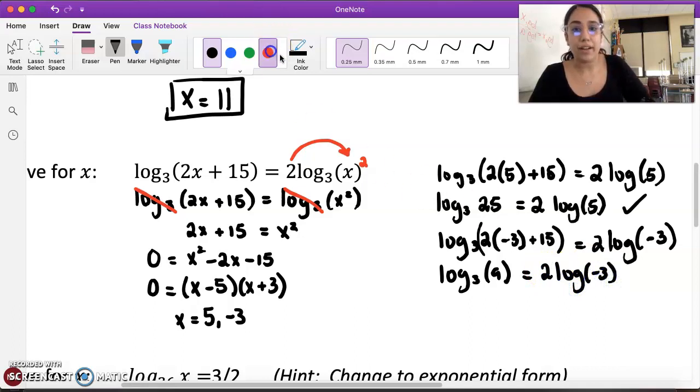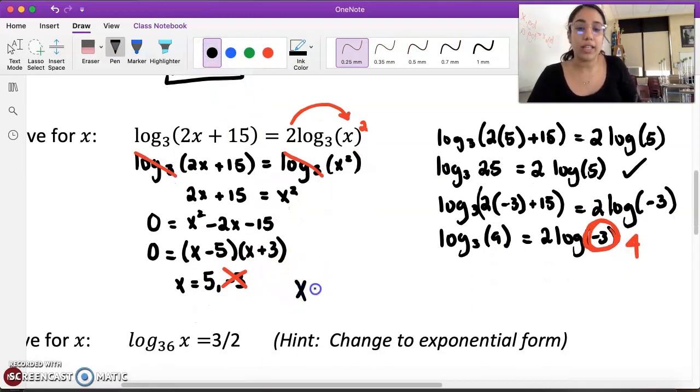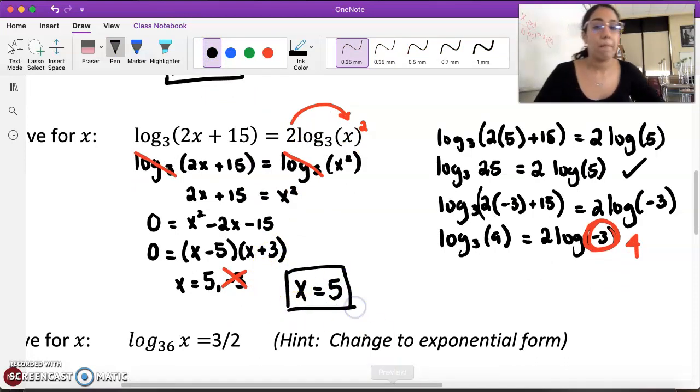What's the red flag here? You cannot have a negative inside of a log, big red flag. So this cannot be your solution. So your only solution is x equals 5. Because this means that it is extraneous.